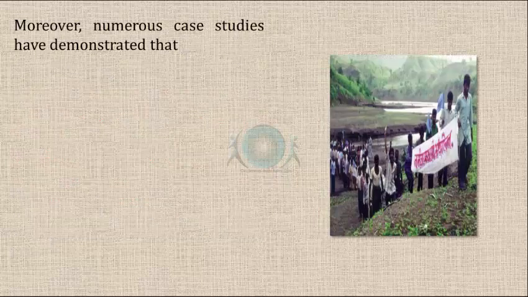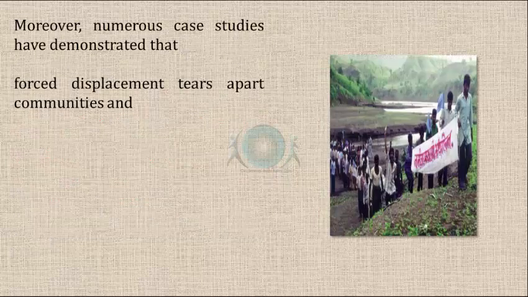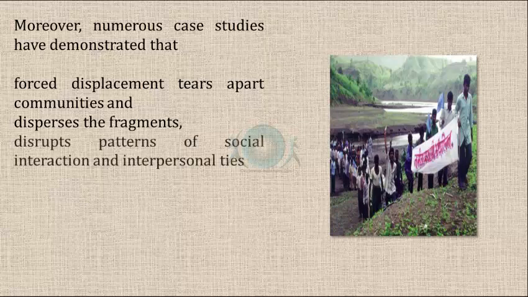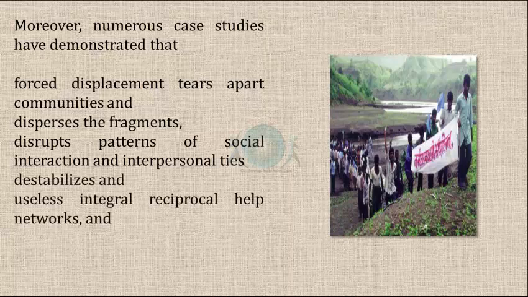Moreover, numerous case studies have demonstrated that forced displacement tears apart communities, disperses fragments, and disrupts patterns of social interaction and interpersonal ties. It destabilizes and makes useless integral reciprocal help networks, and it scatters kin and other existing social groups.